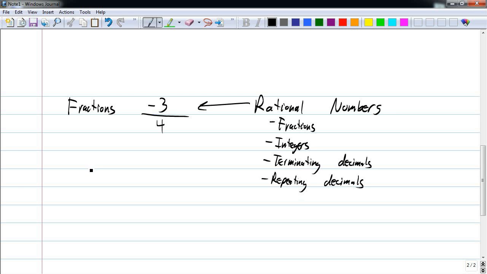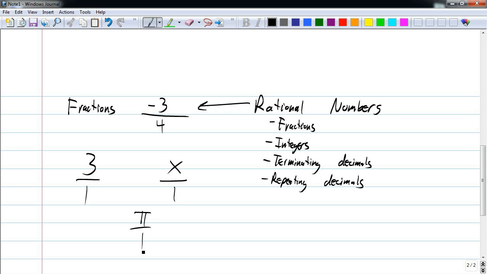Integers, any integer, any whole number that you write, you can always turn into a fraction if you put it over 1. Never ever forget this, because a lot of times this year it will become useful to us if we take something that isn't a fraction, like a 3 or an x or pi, and write it as a fraction when we put it over 1.